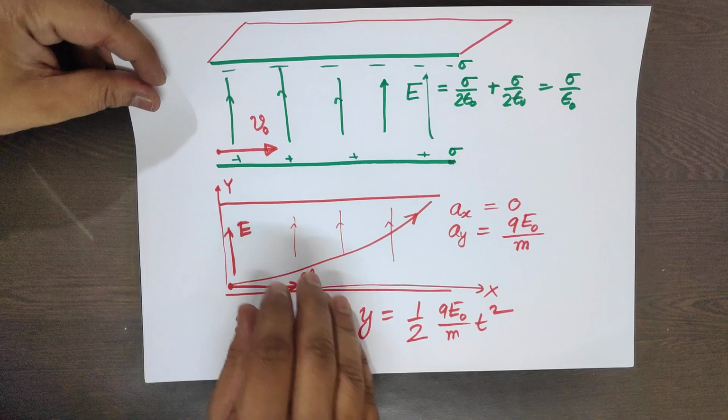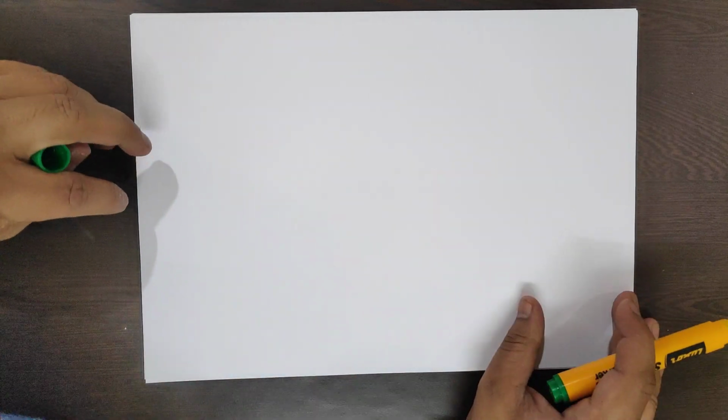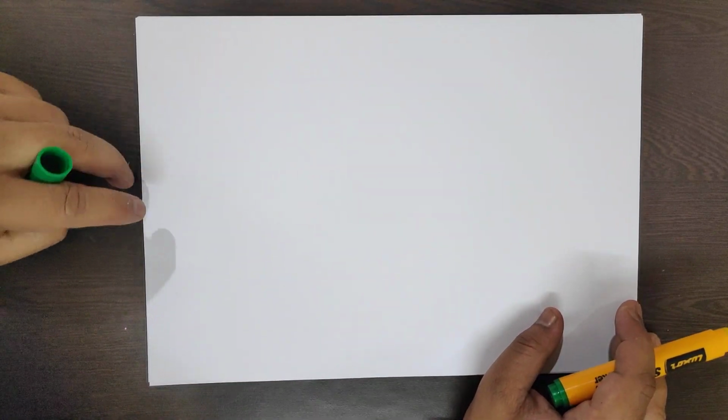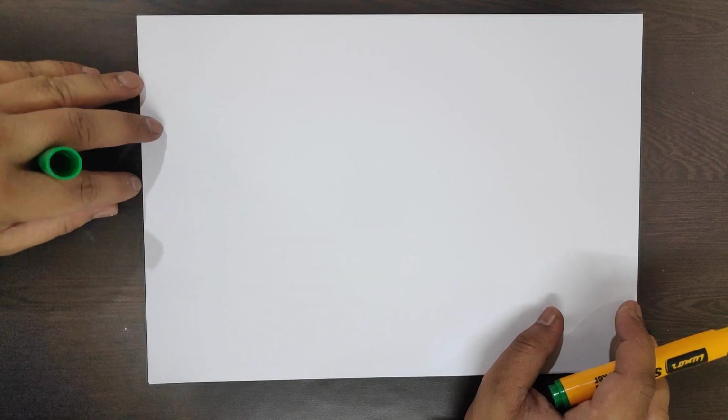Okay, now we will recall the shell theorem in gravitation. We have learned before in gravitation the shell theorem, the way to find out the field due to uniform shells.